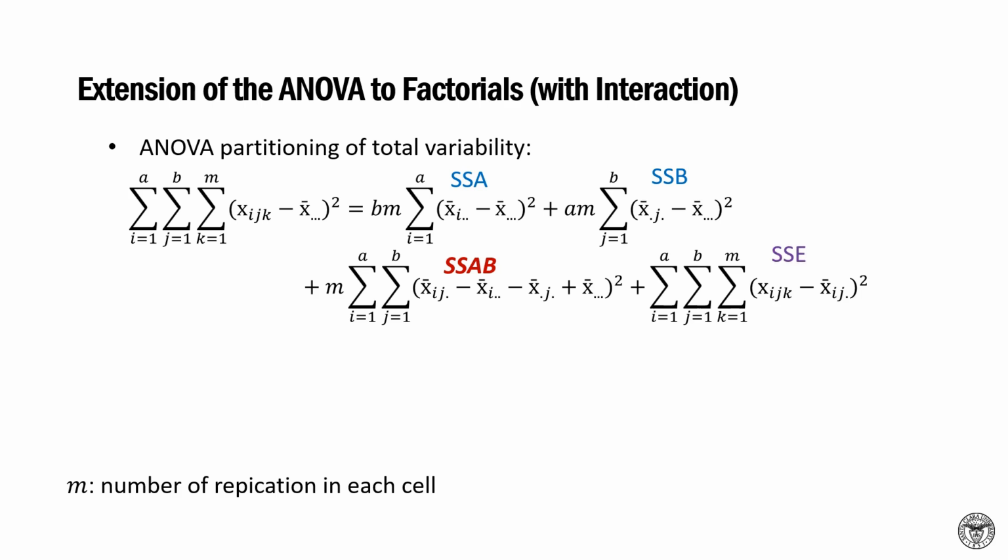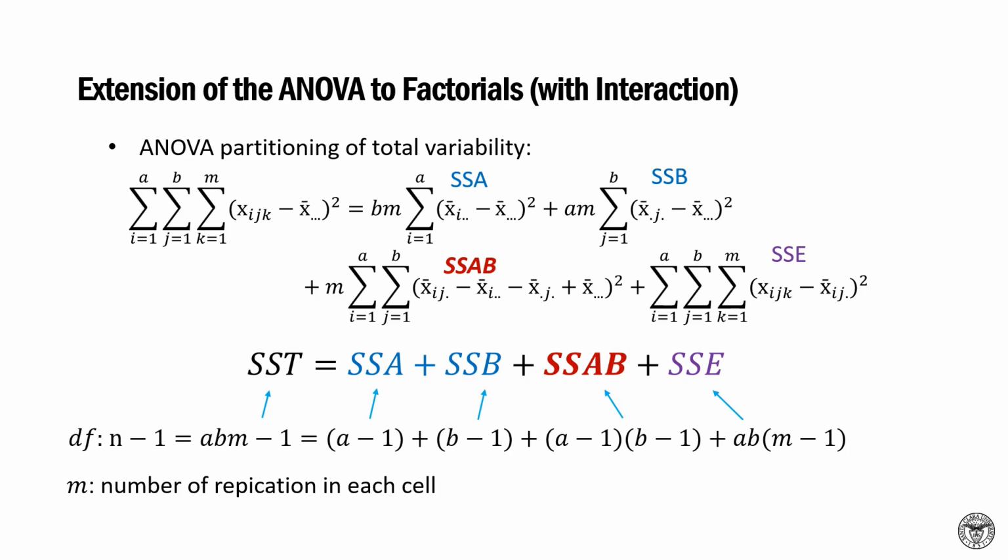Fourth, the variability due to the randomness or the sum of squared residual, SSE. Thus, we have SST equals SSA plus SSB plus SSAB plus SSE.